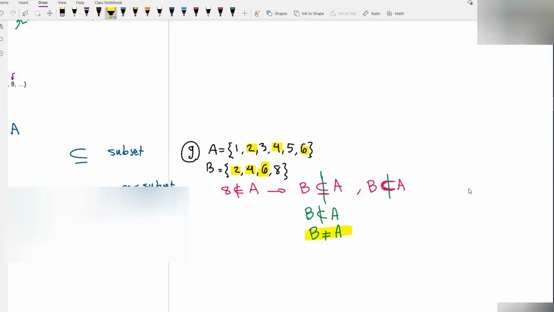Now, in this case, I started from B. I wanted to see if I have all members that I have in B also in set A. Now let's start from A. So I'm going to rewrite that part so we can better see where we started.